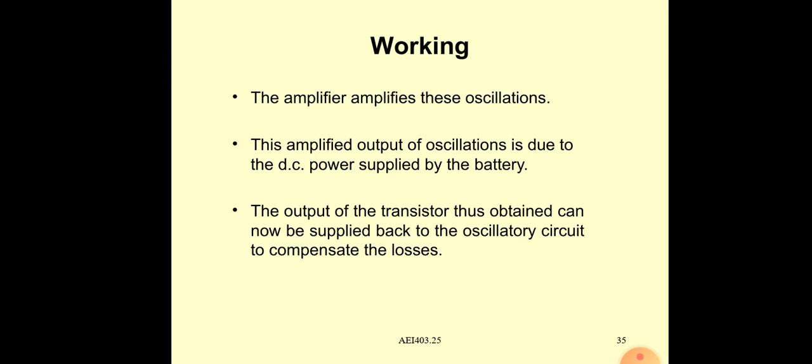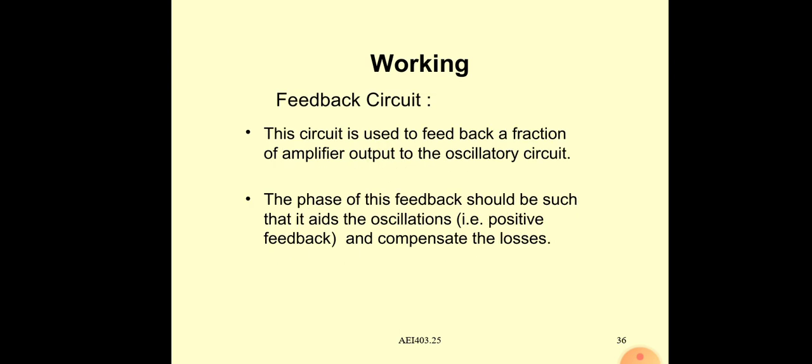This amplified output is due to the DC power supplied by the battery, so it can amplify both DC and AC signal. The output of the transistor can now be supplied back to the oscillator circuit to compensate the losses, the decrease in amplitude. So to increase that amplitude we have to use the amplifier.